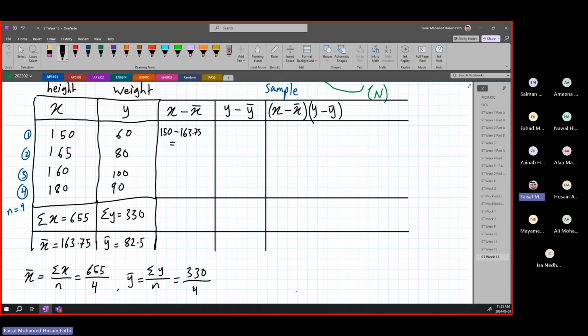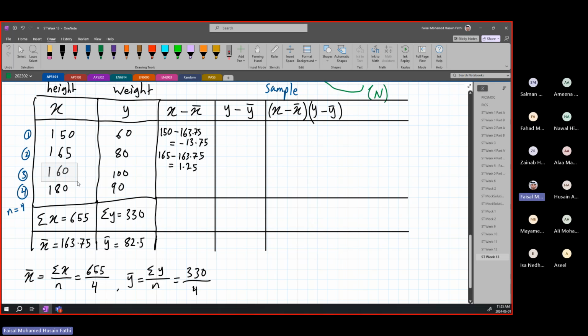It is going to be negative 13.75. And we're going to do the same for the rest. So the next one is going to be 165 minus 163.75, which is 1.25. And we're going to do the same for the last two as well.